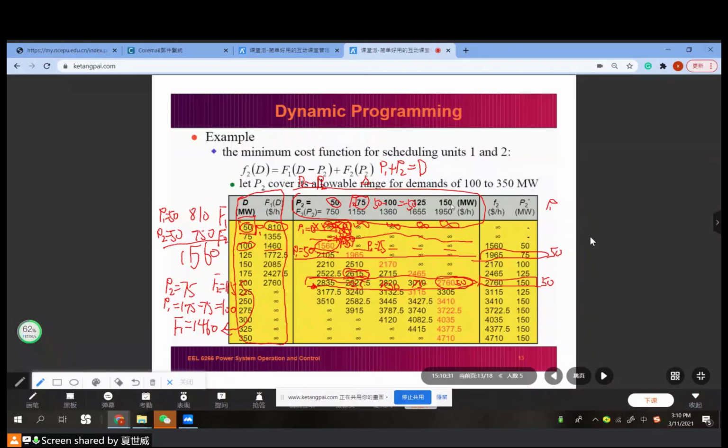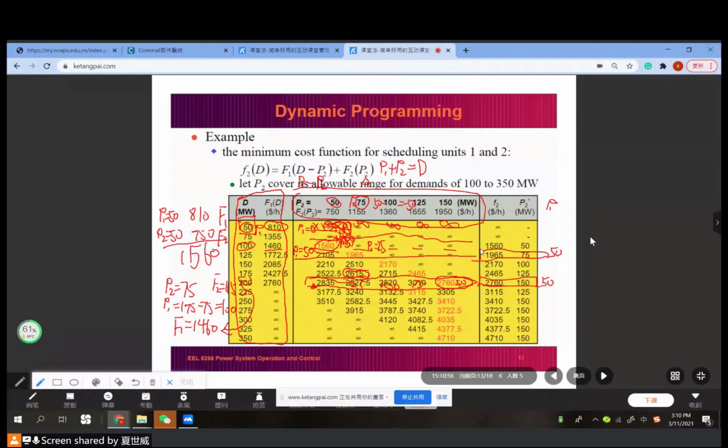The best solution is P2 equals 150 and P1 is 50, because 200 minus 150 is 50, and the cost is this. So to support a total load of 200, the best cost is 2070-60, and the best output is 150 for P2 and 50 for P1.